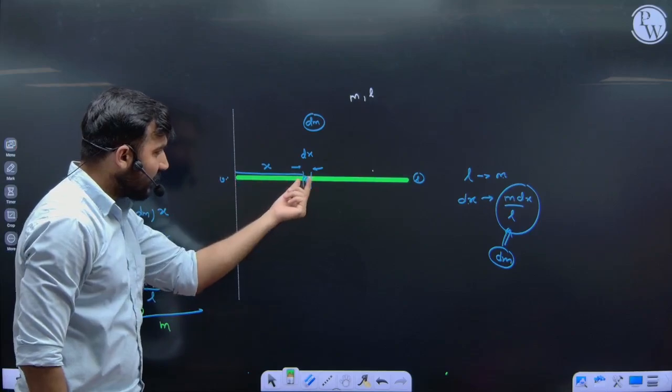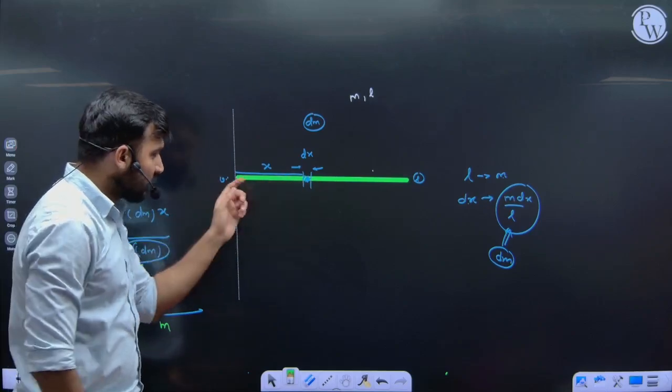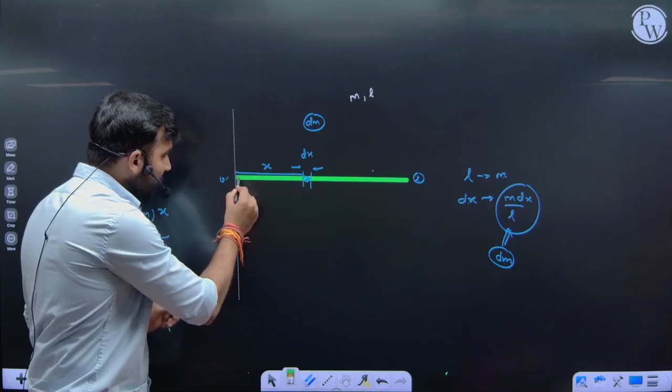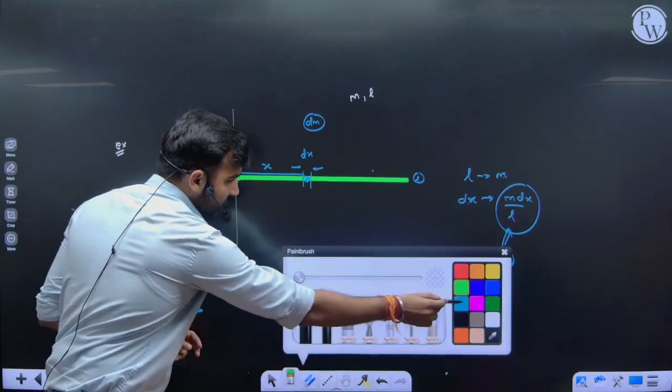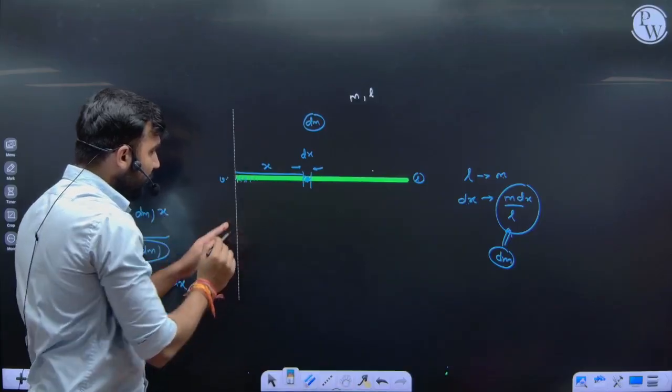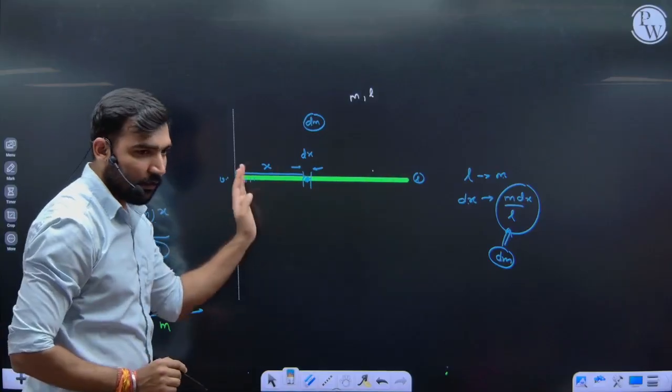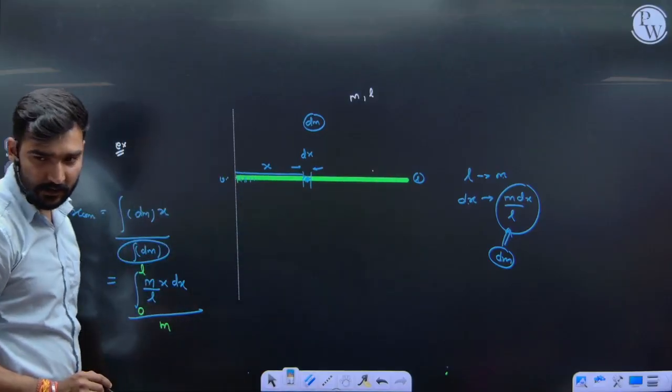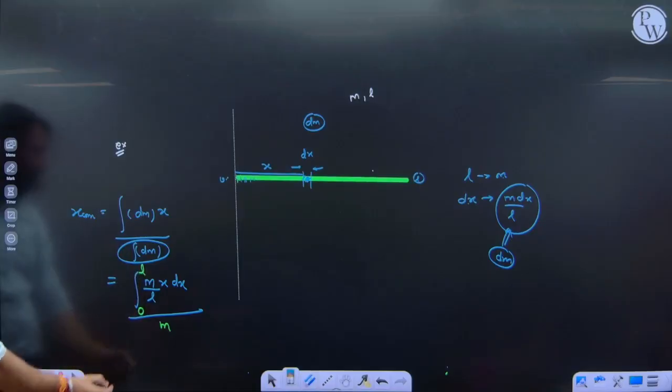If I am cutting a small particle here, one next here, next here, then if I put limits x from 0 to L, all these small particles I will cover.